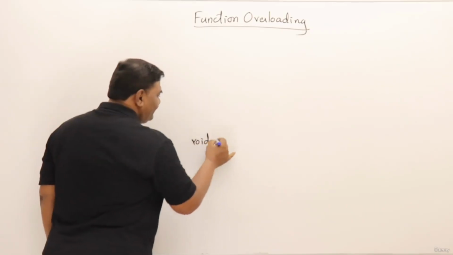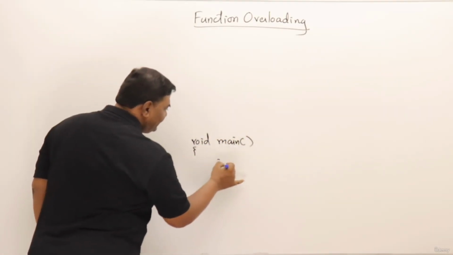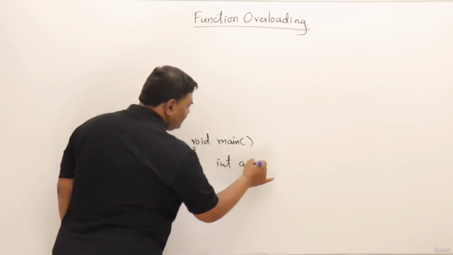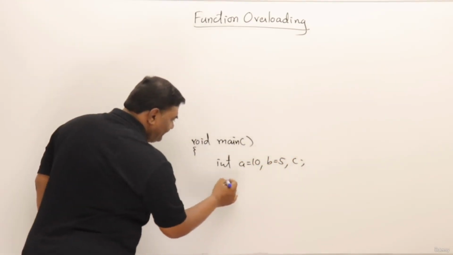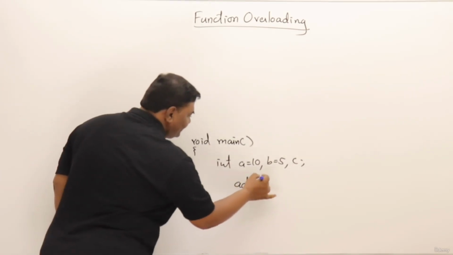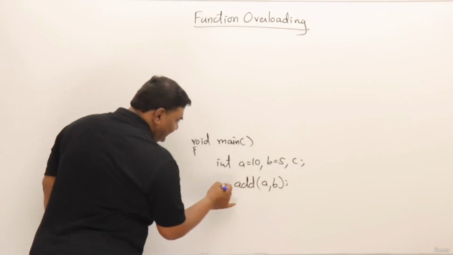I will first write the main function, and here I will take some variables. Now I want to have one function called add, which will add two numbers a and b and return the result that I will take in c.